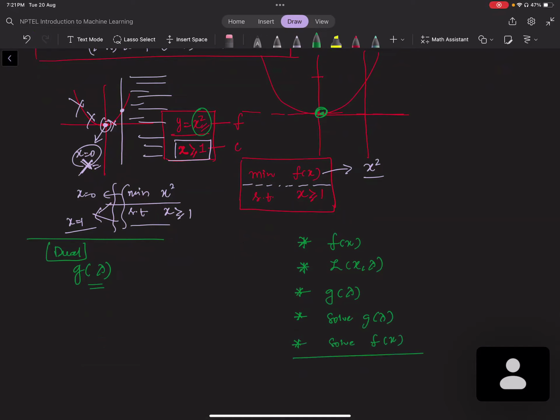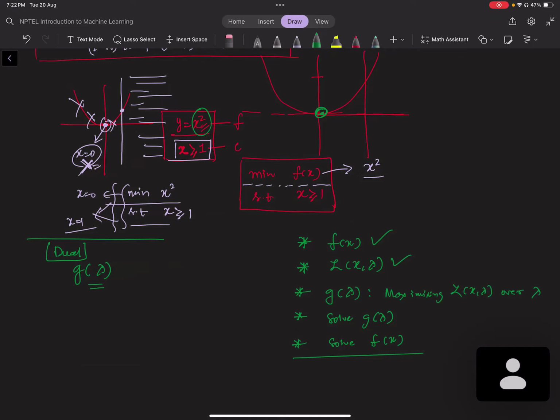So these are the steps. We have f of x, and now we go for g of lambda. G of lambda is obtained by maximizing the Lagrangian L of x and lambda over lambda, the Lagrange multiplier.